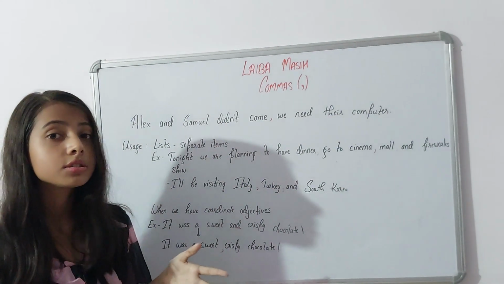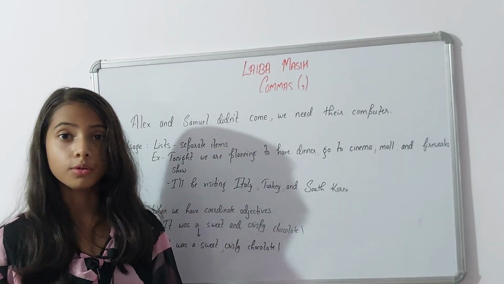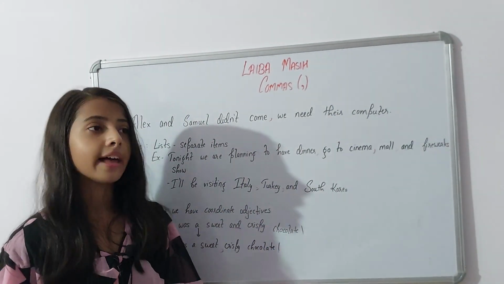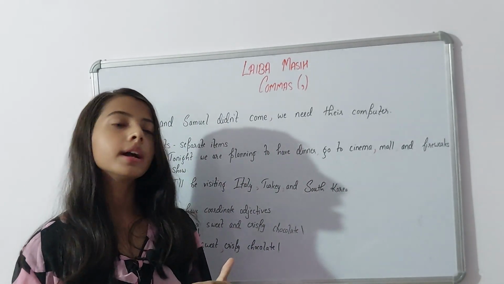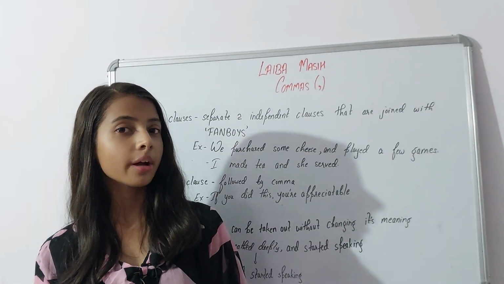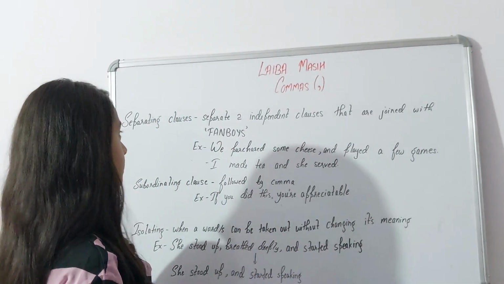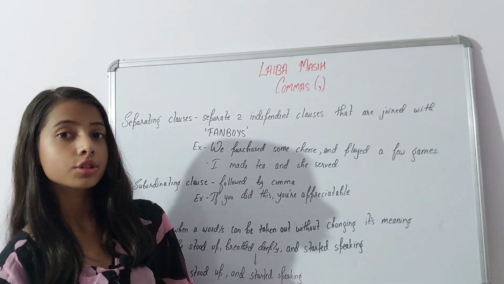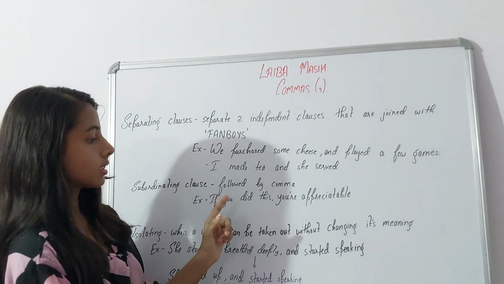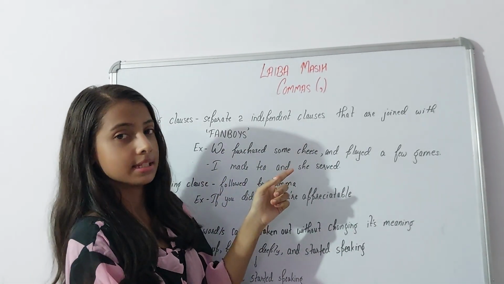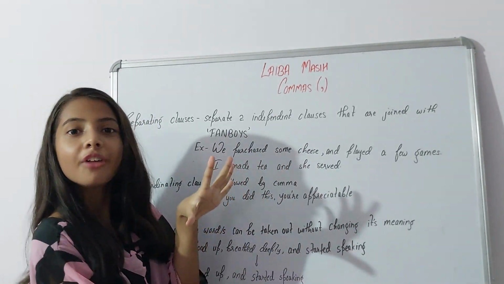So done with these two usages, moving forward, there are many usages that I have to explain to you. We'll go one by one, slowly. Okay, we'll talk about clauses. So here we have the usage of separating clauses. That is, we separate two independent clauses that are joined with fanboys.